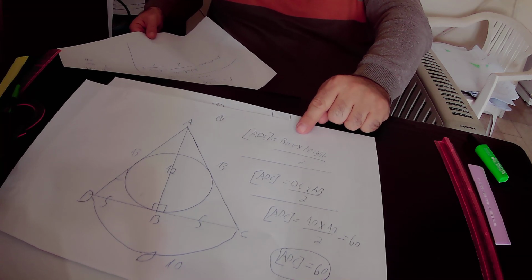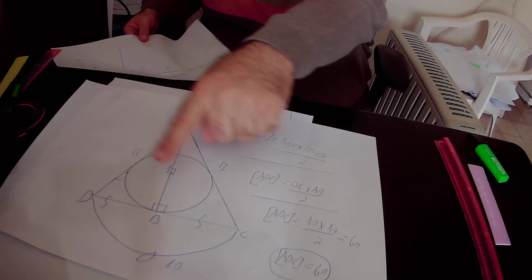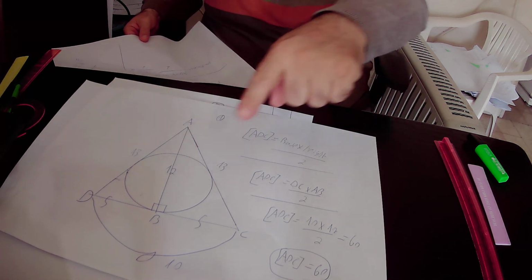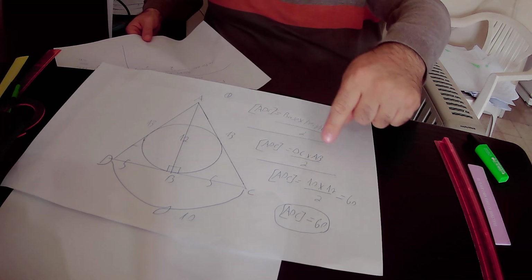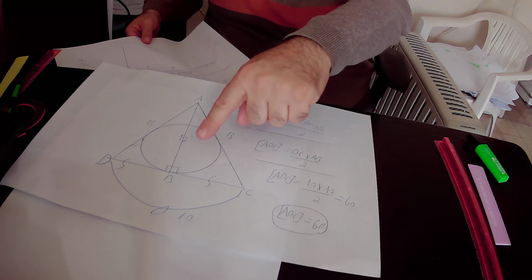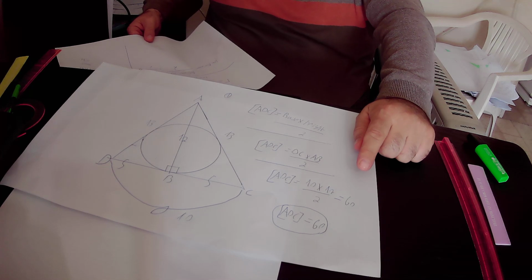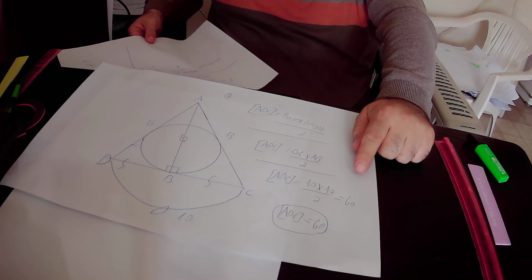The base is DC. The height is AB, all divided by 2. DC equals 10 units. AB equals 12 units. So the area of triangle ADC equals 10 times 12 over 2. 10 times 12 is 120. 120 over 2 is 60.